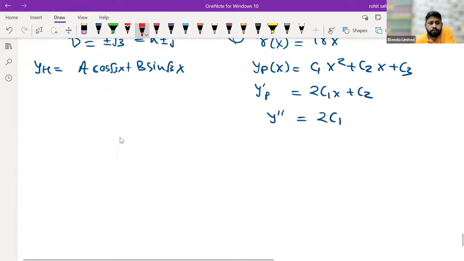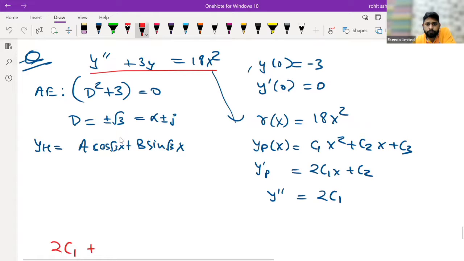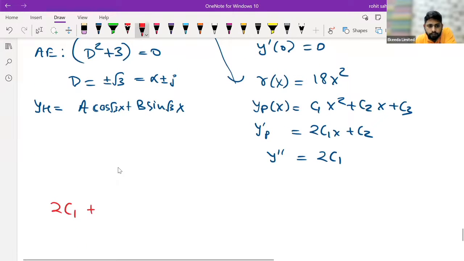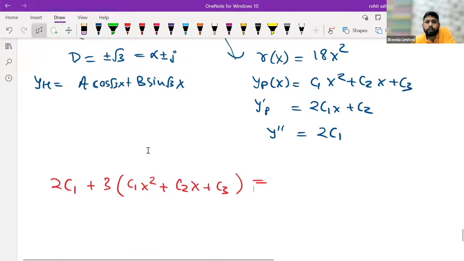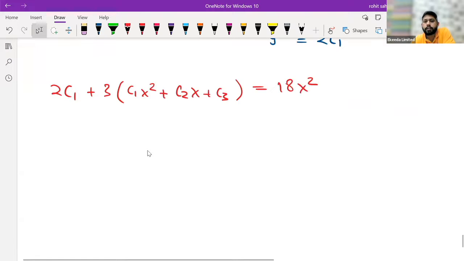Y double dash is 2c1 plus 3y है ना, y double dash is 2c1 fine and this is 3 times of, यहीं से लिख देगा, 3 times of c1 x square plus c2 x plus c3 equal to 18 x square. चलो ये यहाँ पे मैंने सब कुछ लिख दिया। What is this?